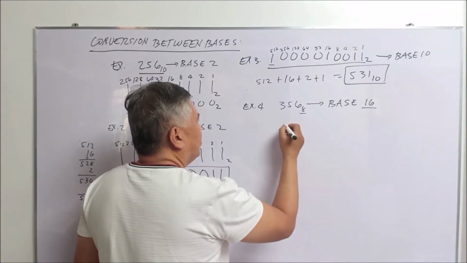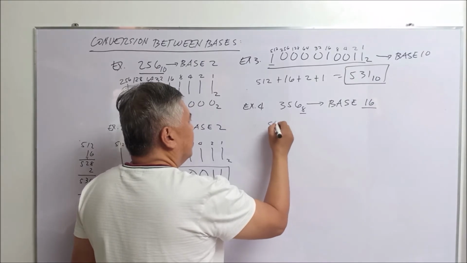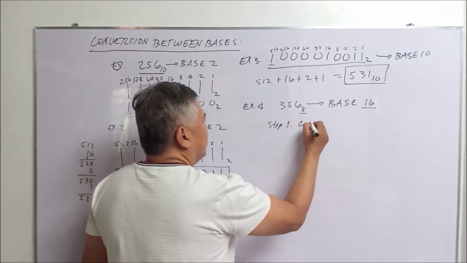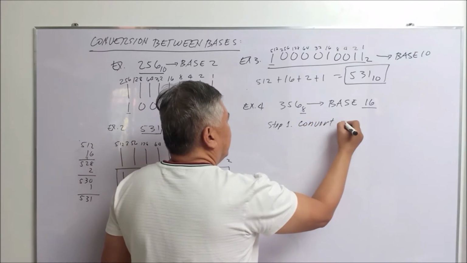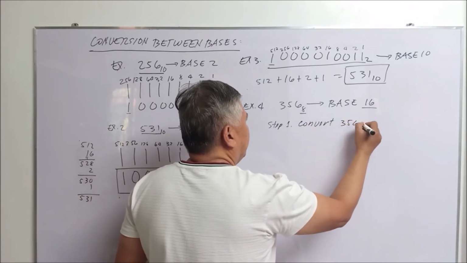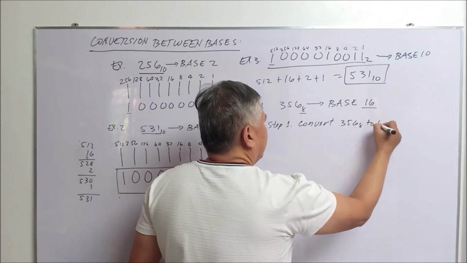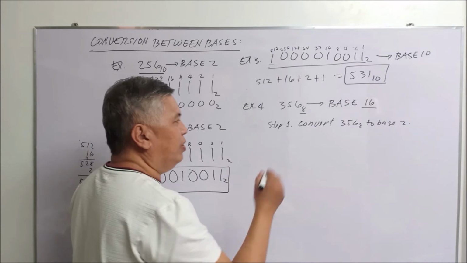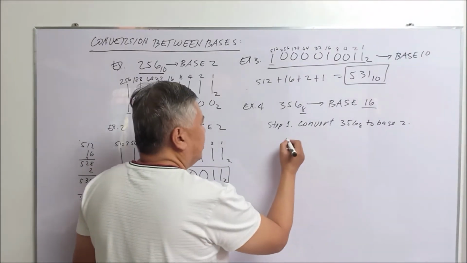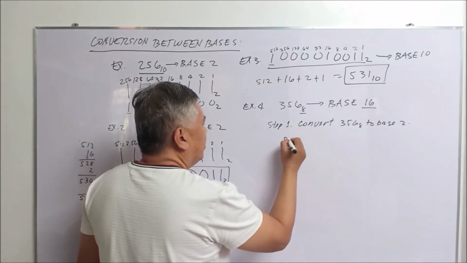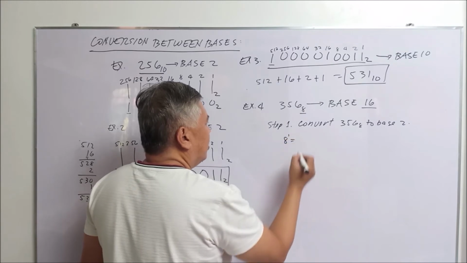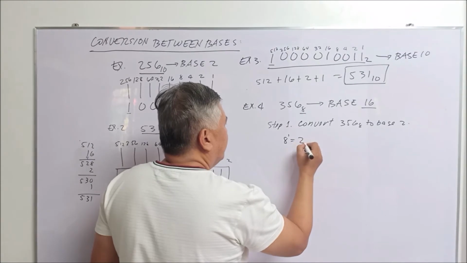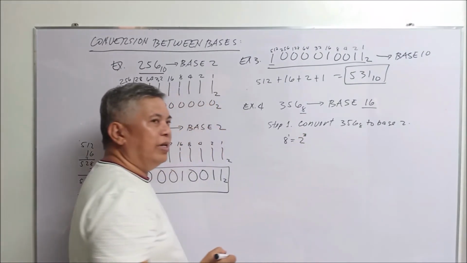So the first step is convert 356 of base 8 to base 2. Okay, how do we do that? So we know that 8 to the 1, which is actually equal to 8, is equivalent to 2 to the 3 in binary form.